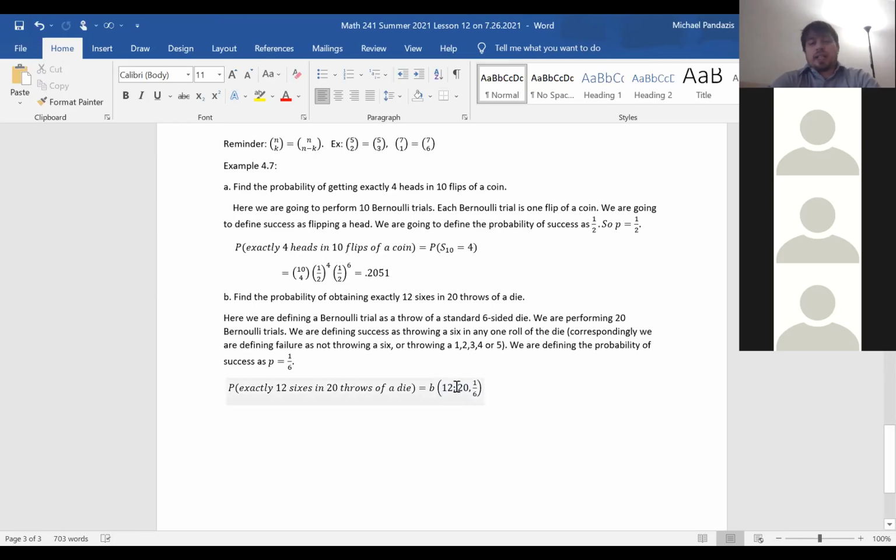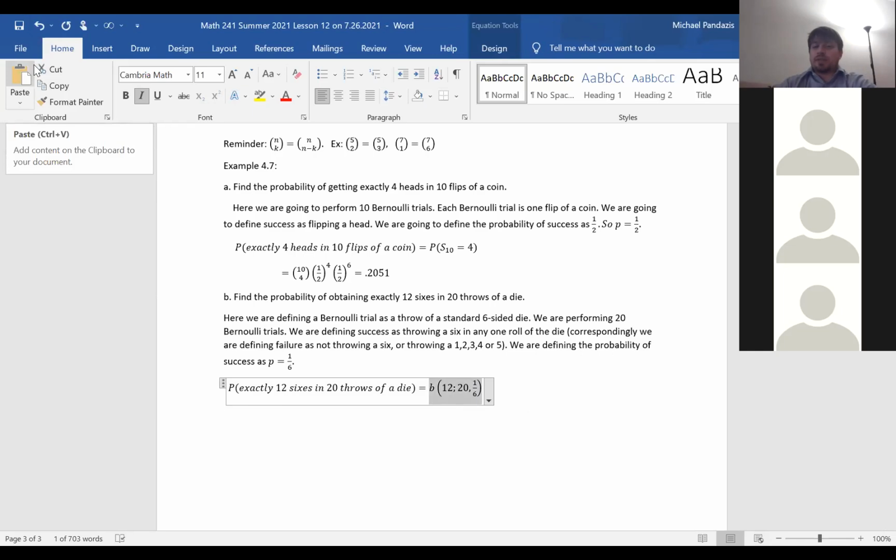It's the probability that in 20 Bernoulli trials, we have exactly 12 successes where the probability of success is 1/6. B of 12 colon 20 comma 1/6. This notation is expressing the probability of getting exactly 12 sixes in 20 throws of a die. And this notation isn't talking about dice rolls. It's not talking about sixes.